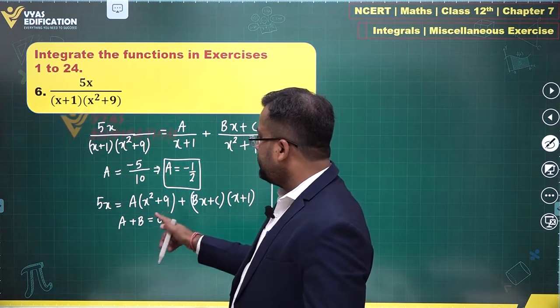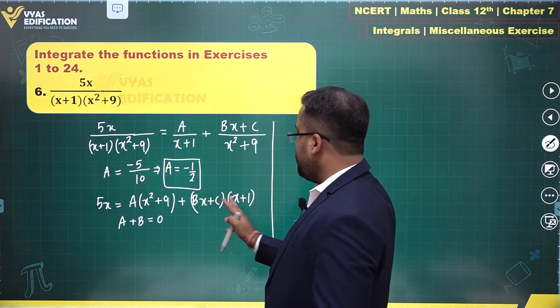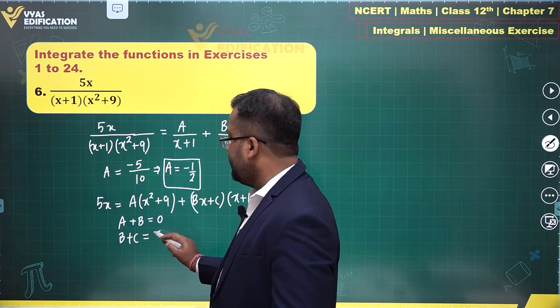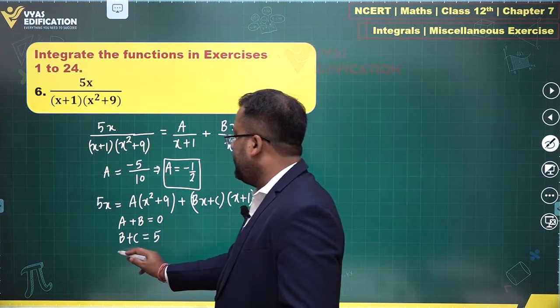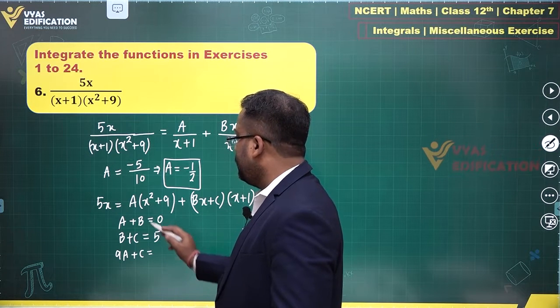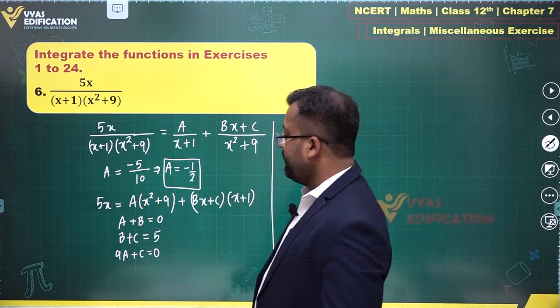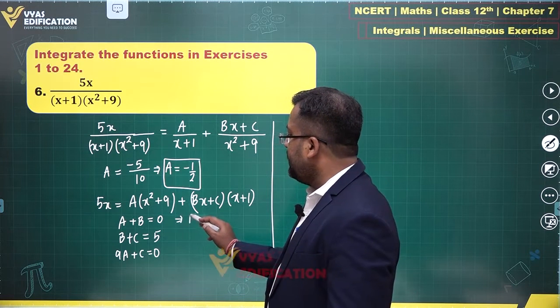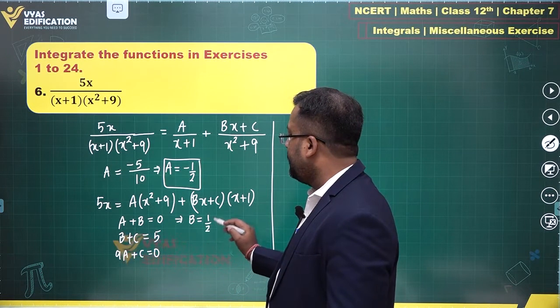What else? Constant term, sorry, coefficient of x: bx plus cx. So b plus c is the coefficient of x, which is equal to 5 over here. And 9a plus c is equal to the constant term, which is 0 over here. So if you know a, from here you can easily get b is equal to 1 by 2.